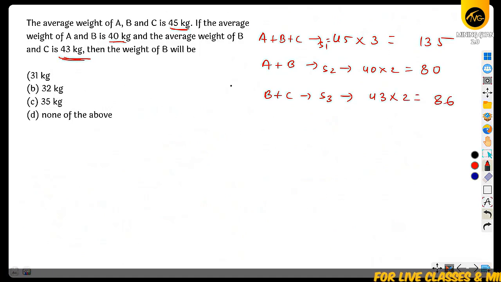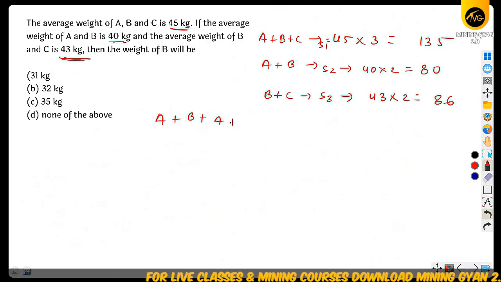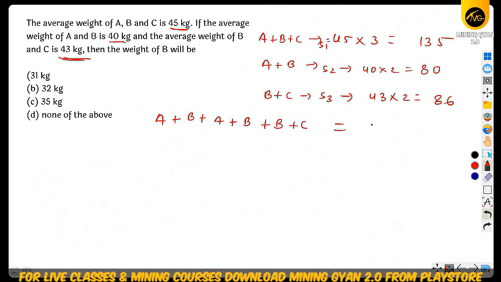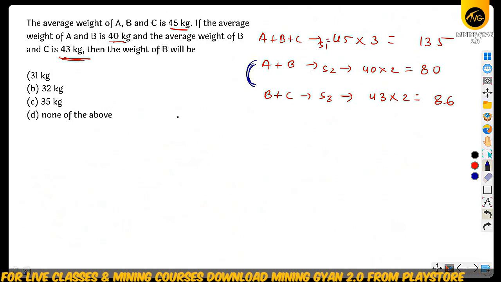Now just add all these persons: A plus B plus B plus C. First of all, we have to add these two sections, S2 and S3.